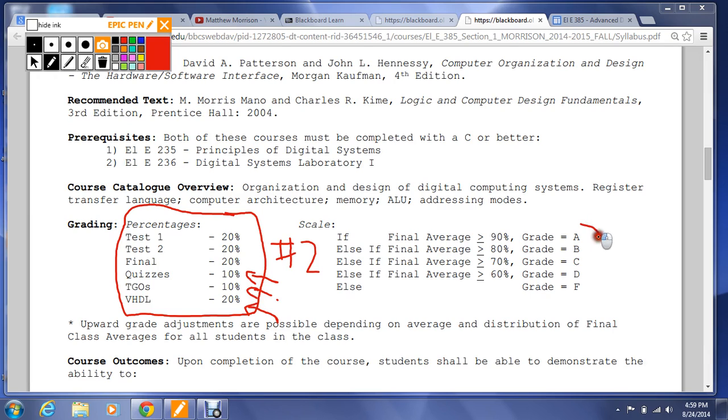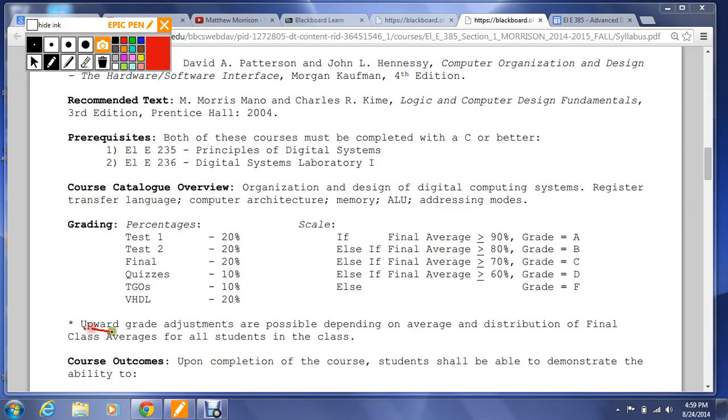The conventional breakdown is 90, 80, 70, 60. Now, I want to point out something. I've written something here that says upward grade adjustments are possible. What this means is that this is the bare minimum I can say. I can't do anything lower. Let's say you have a 90% and that's your grade.